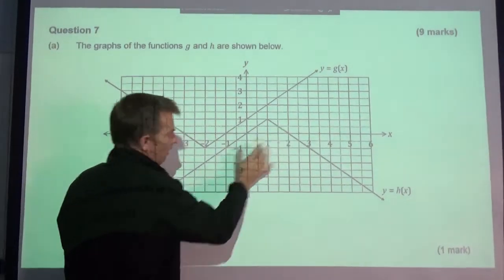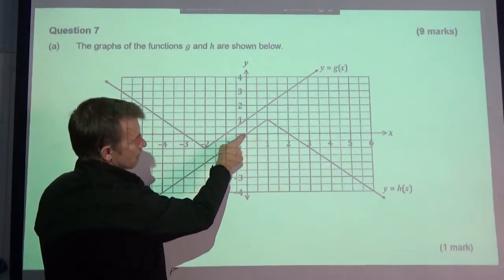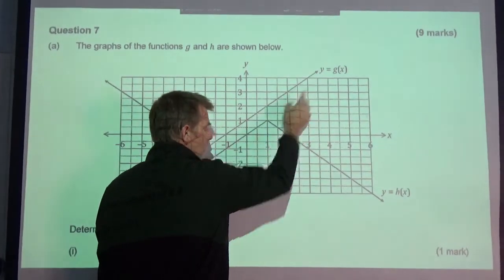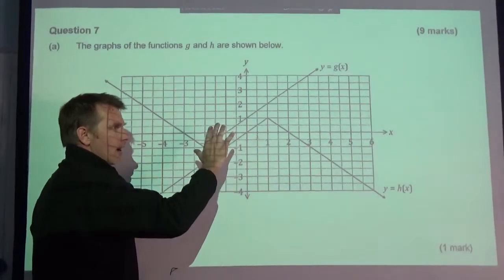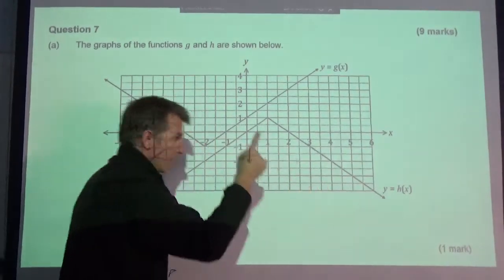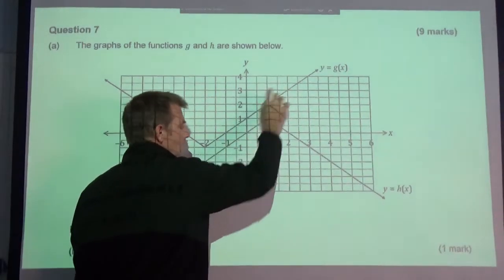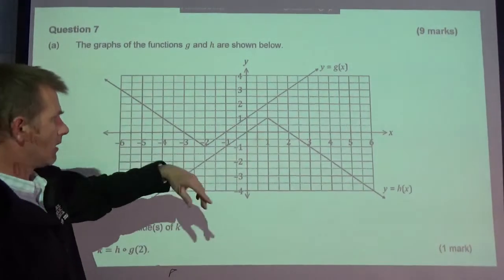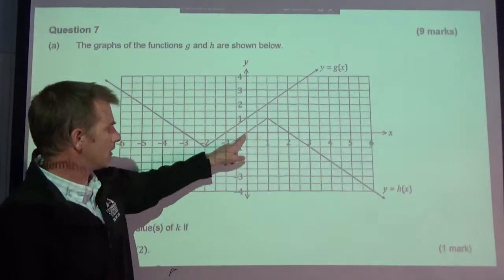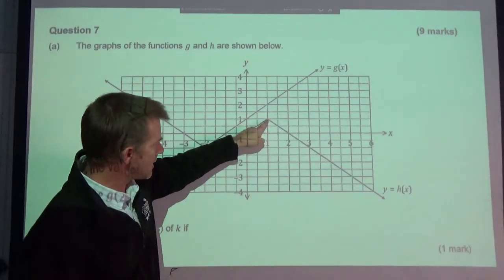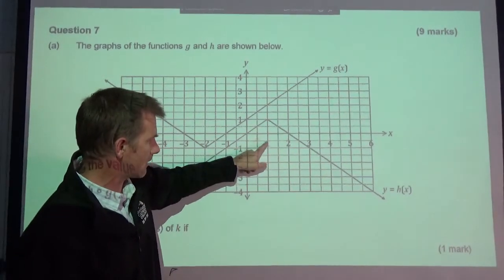This one, because see how it goes through 0, 0 there, I think that's just y equals x to start, right? It then was the absolute value of y of x. That would give this, right? And then, oh no, I've made a mistake. Sorry, start again. I think because we've got this here, if we had y equals x we would go through here, but I've got to pick this up.